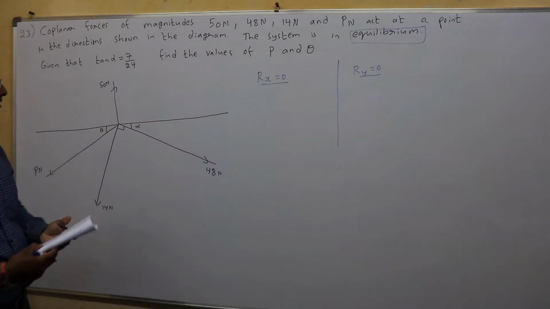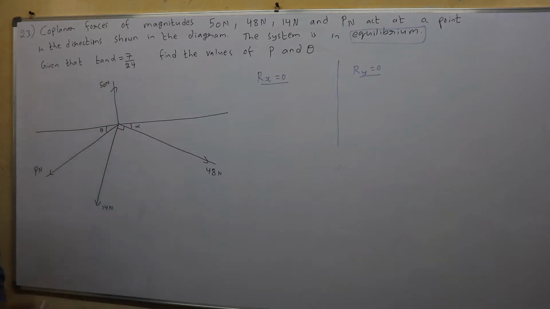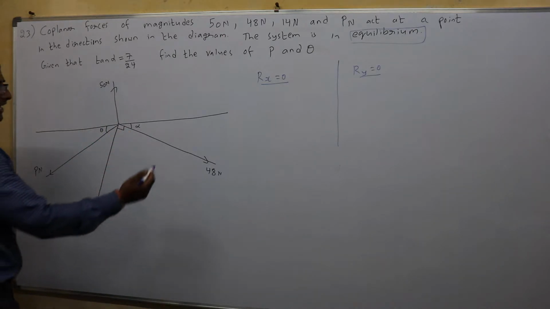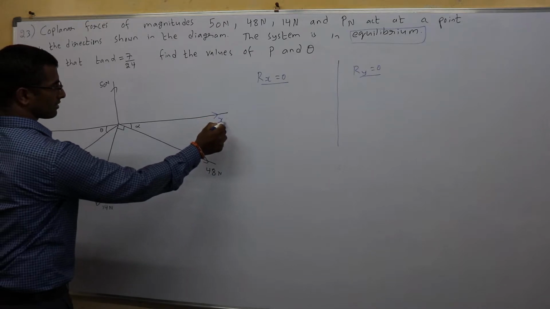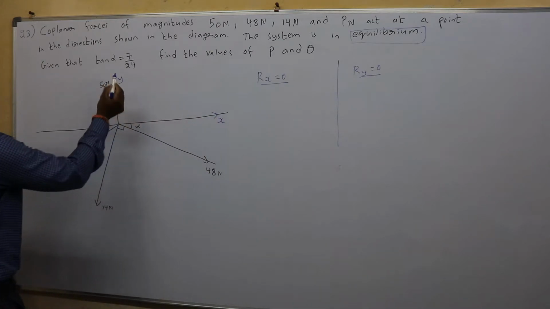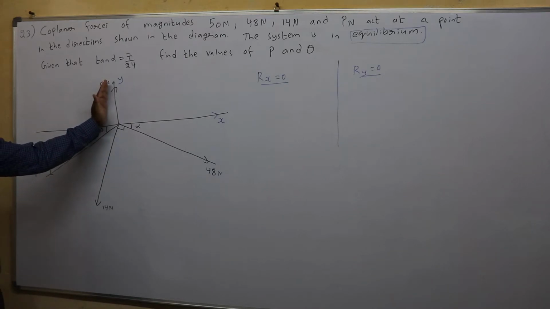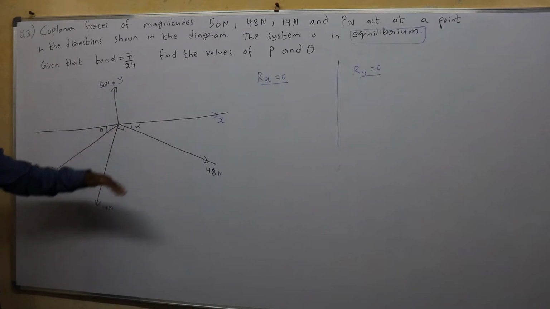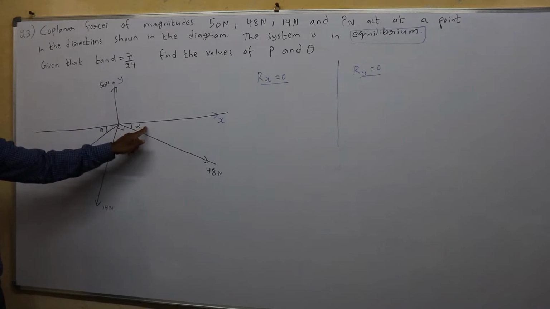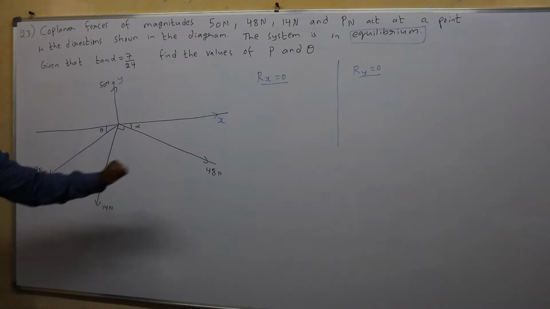This is the given diagram. So I assume it to be x-axis and this y-axis. 50 is acting vertically up, so I don't need to resolve it. Now this is acting at an angle alpha, so this should be resolved. How?